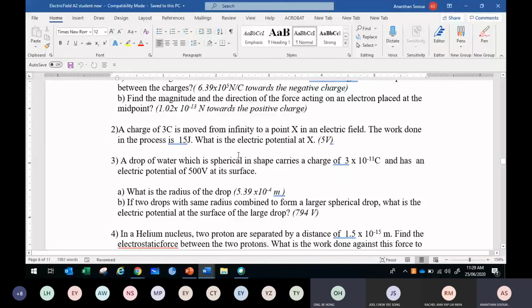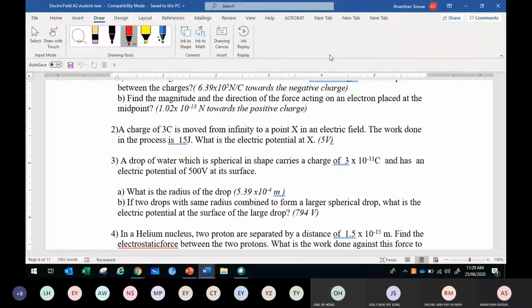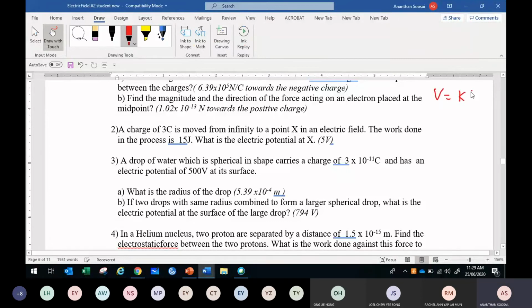Question 2. Recall what you learned today and get me the answer for Question 2. Today you learned V equals KQ over R, where V is the work done per unit test charge. Then you learned electric potential energy.